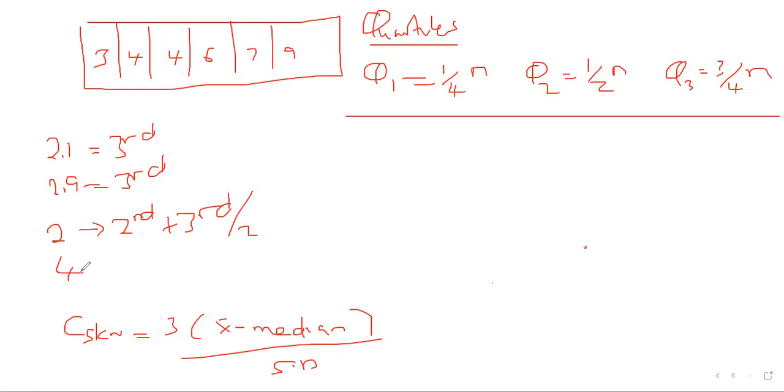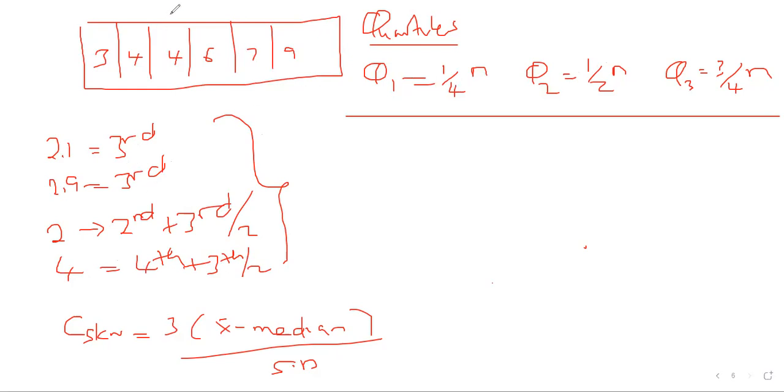If you get a 4, it means the fourth number and the fifth number divided by what? By 2. These are the rules under which this formula works. But if you have n plus 1 here, you round off to the nearest number. If it's 4.5, you get the equidistant 4th and 5th divided by 2. But that's not what I'm using for now.